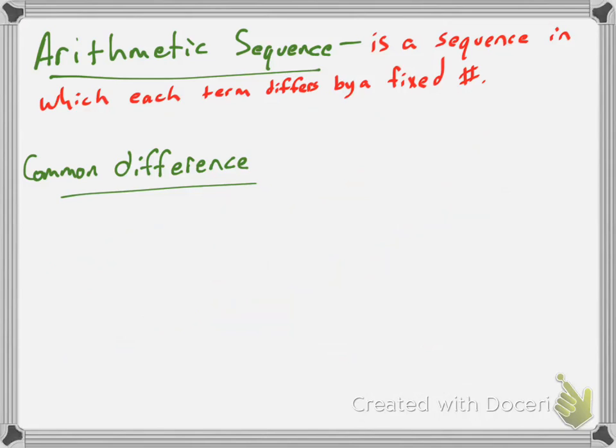Now, an arithmetic sequence is a sequence in which each term differs by a fixed number. So each term is different, but the number that it's changing by is called the common difference. So if that didn't make sense, let's go back to the other one.